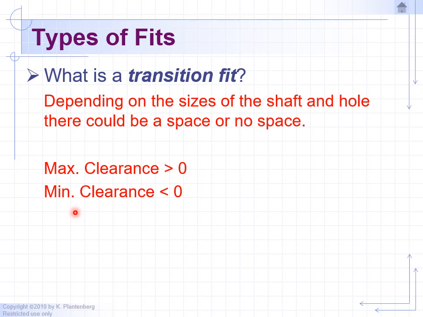Either you'll freely be able to insert the shaft in the hole, or you're going to have to force it in there with a hammer or mallet or with the press in case the hole is smaller. So in this case, you may end up with the larger hole or smaller hole in relationship to the shaft.